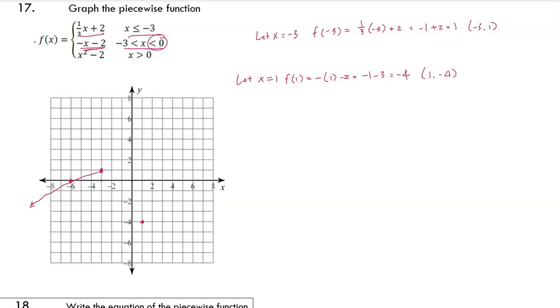I should have used negative 1. What am I doing? I'm sorry. f of negative 1 equals negative 1 minus 2 equals 1 minus 2 equals negative 1. So negative 1, negative 1. Not what I had earlier. I'm just getting tired.